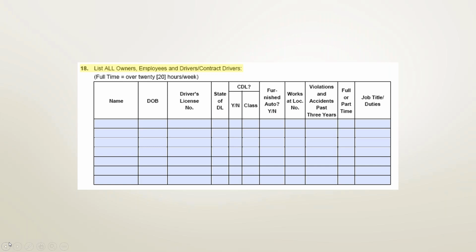But let's say you want Sally at the front desk to go drop off some money at the bank, and you let her use a Lexus off of the lot, that's fine because that's business use. But anytime someone's given an auto for personal use, we would consider them a furnished driver, and we would have to put yes in that column, saying that they are furnished an auto.